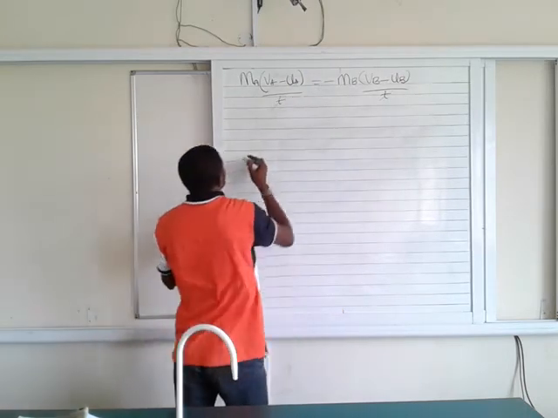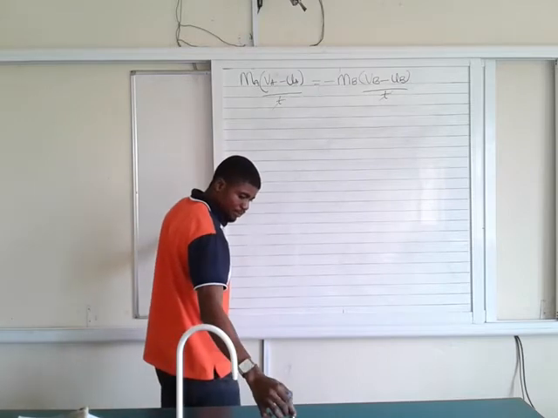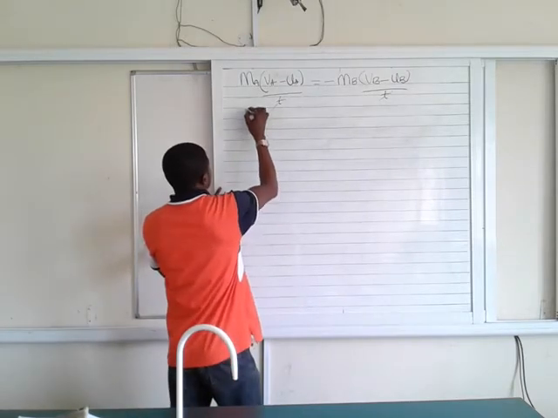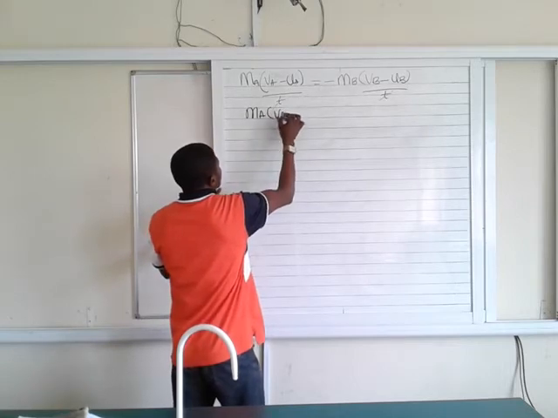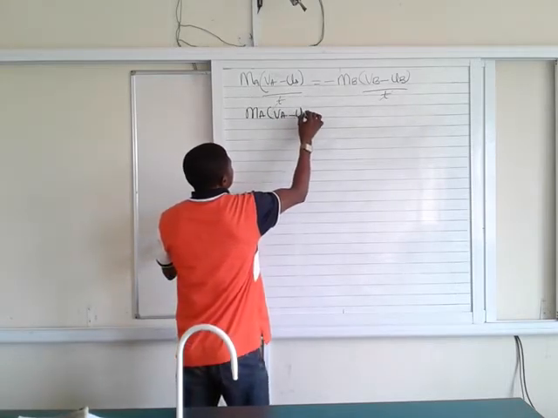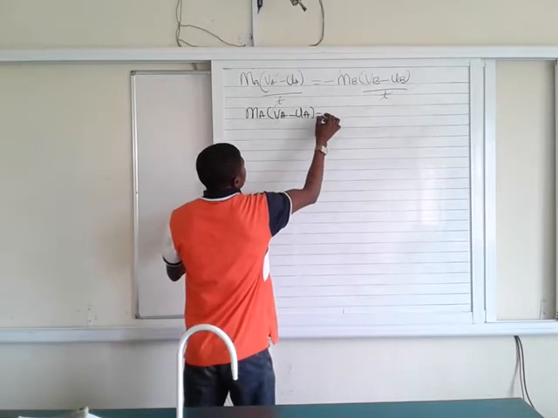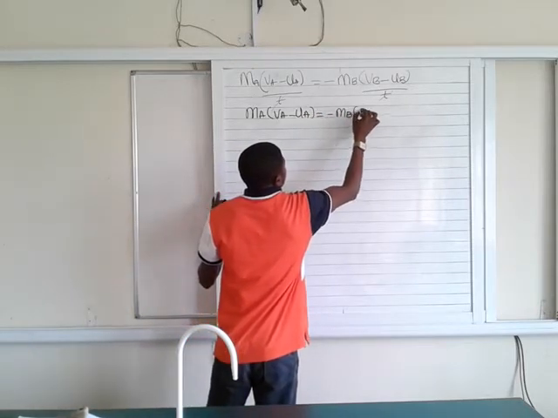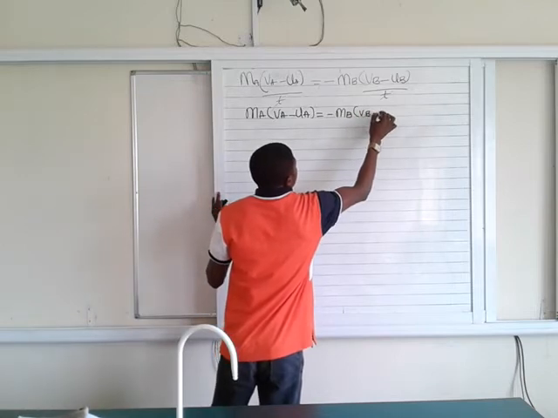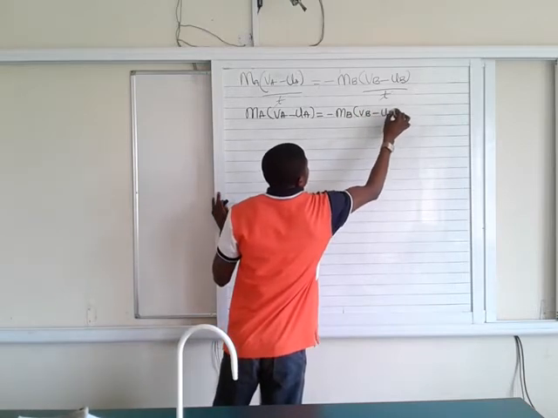So you have MA into VA minus UA is equals to minus MB into VB minus UB.